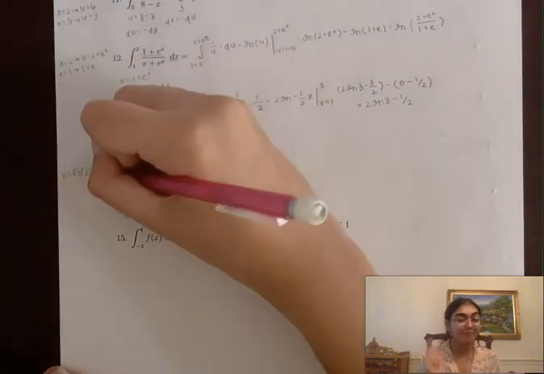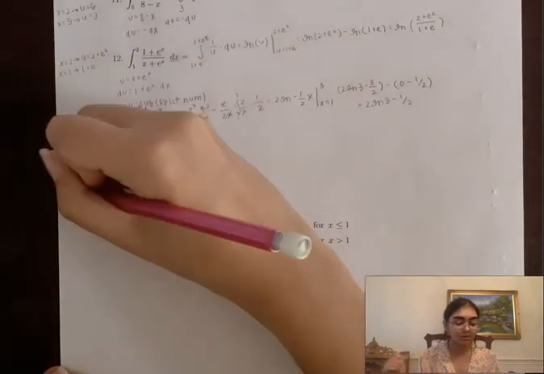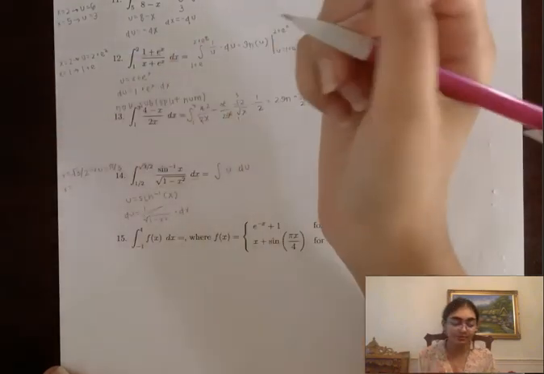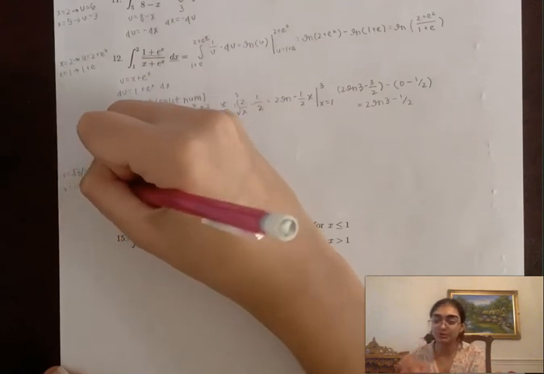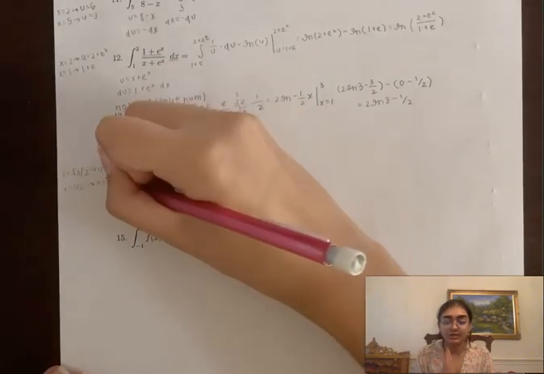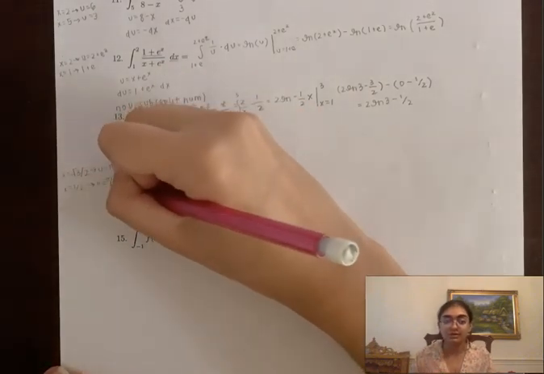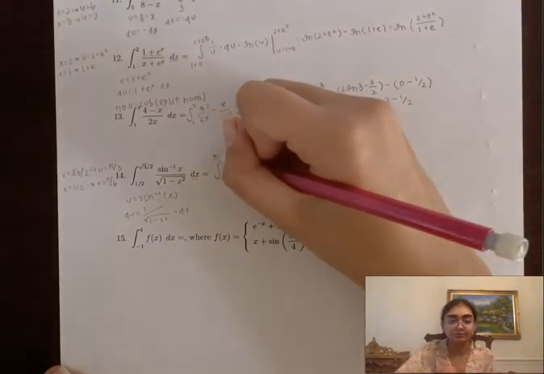The sine of pi over 3 is going to equal square root 3 over 2. So sine of pi over 3 is equal to square root of 3 over 2. So the inverse sine of square root 3 over 2 is equal to pi over 3.